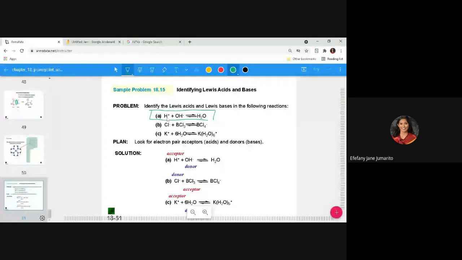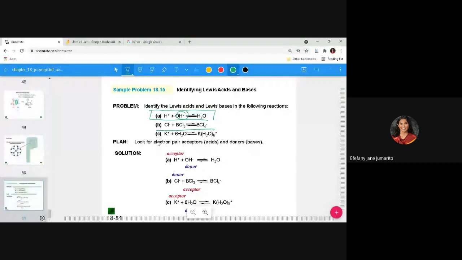Now, determine in letter A the acceptor or the acid here. The H plus, ma'am, is the acceptor. And then the donor is the OH minus.